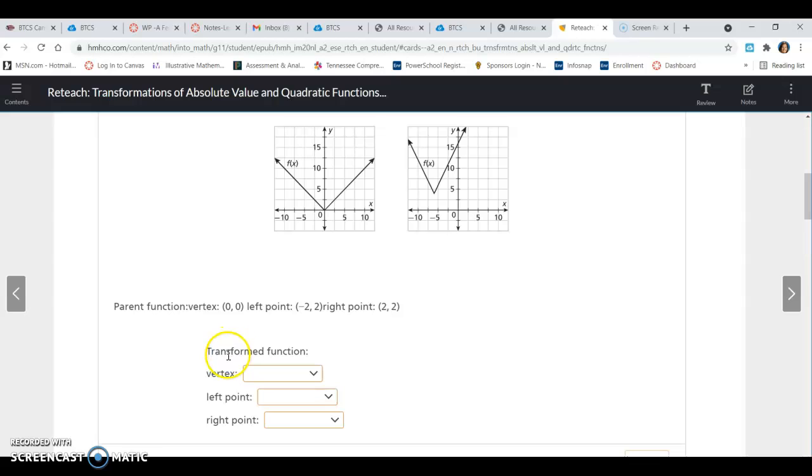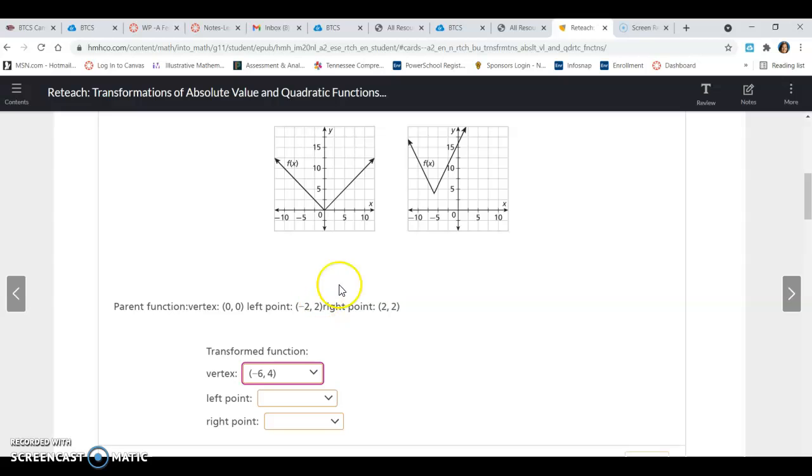So now it's asking what happens to the transformed function. So the vertex is shifted over and up. And it looks like maybe about 6 and 4, so this would be in the negative direction, so maybe negative 6, negative 4.